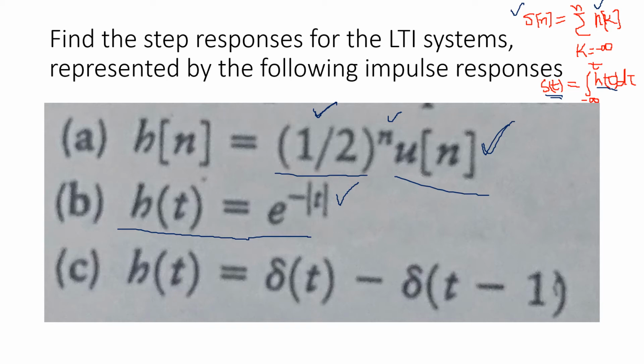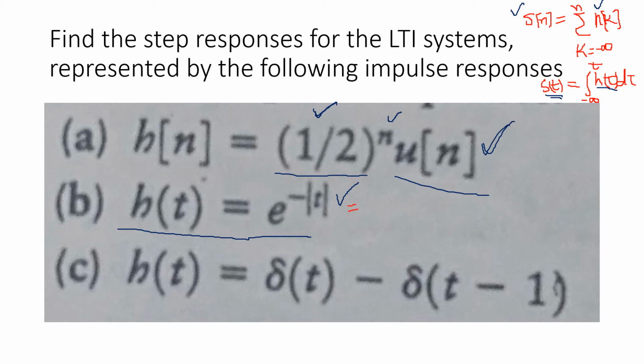If we have absolute value and then we have minus here, that means this is an exponentially decaying signal for both values of t, that is for t from 0 to infinity, and for t from 0 to minus infinity.